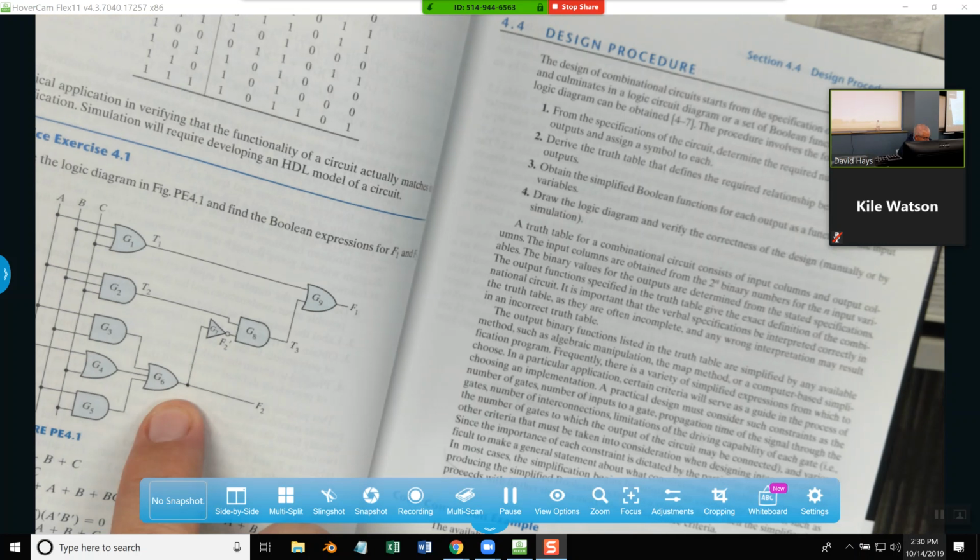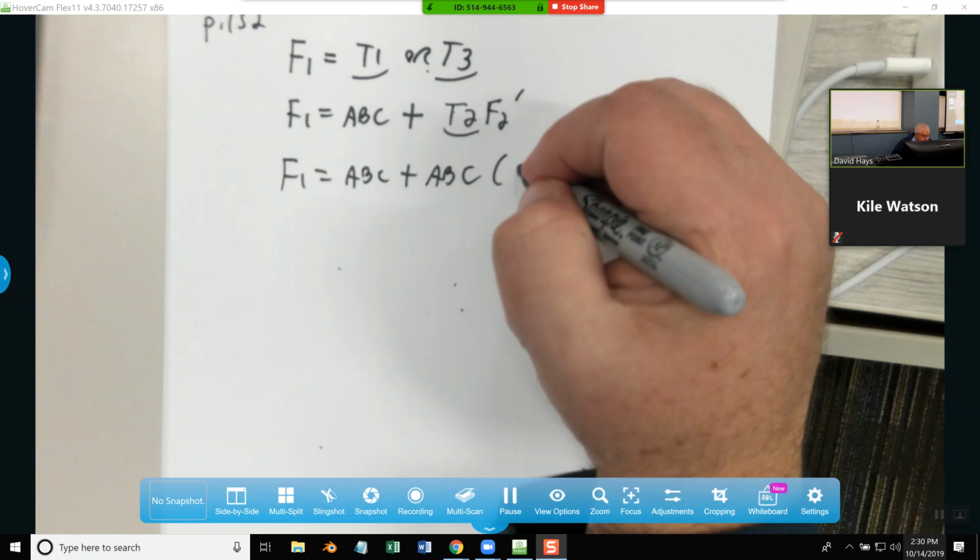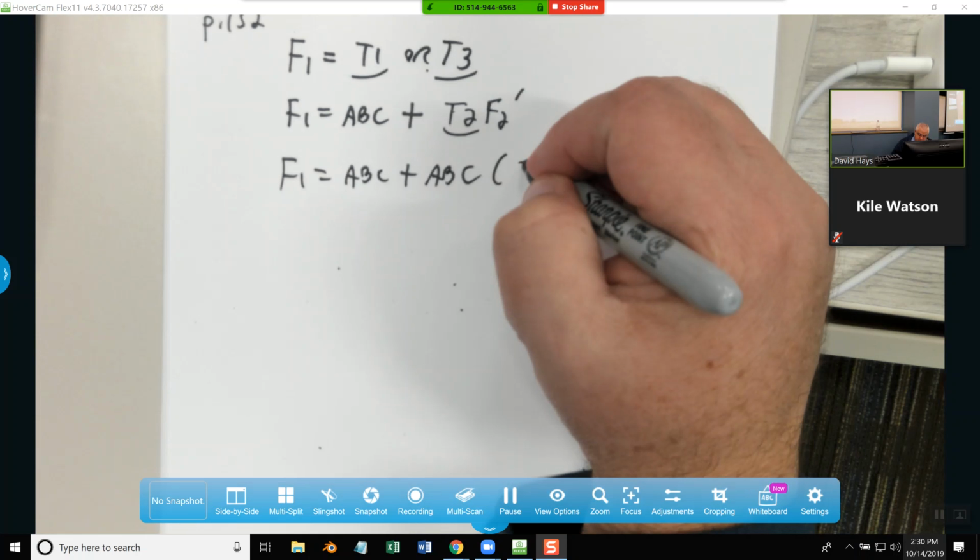Temporarily. G3. G3 is right here, and it looks like it's an AND based upon A and B. That'd be AB. G4 is right here. It looks like an OR.